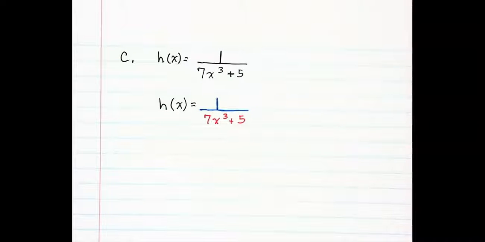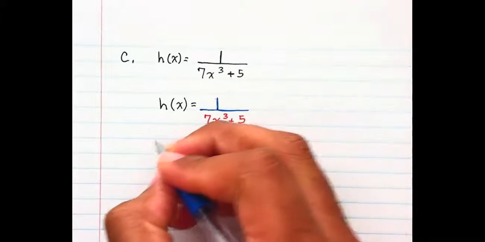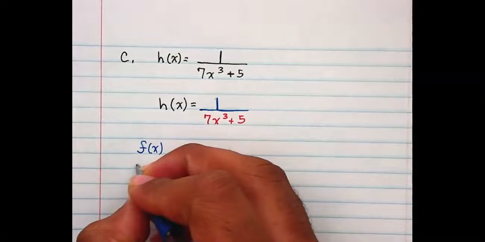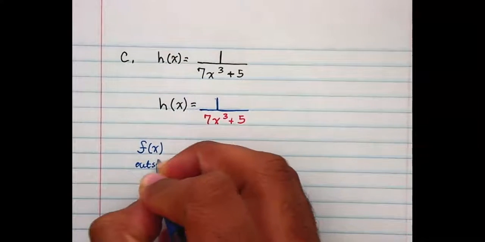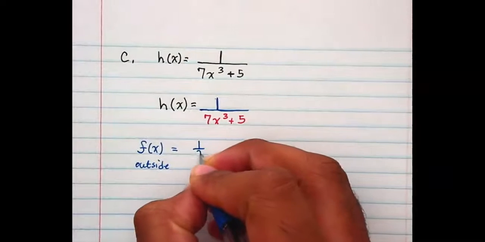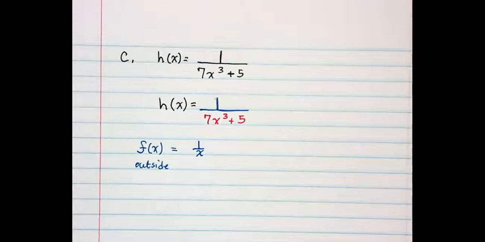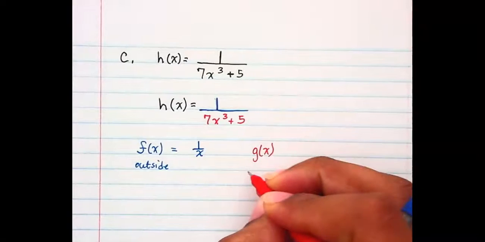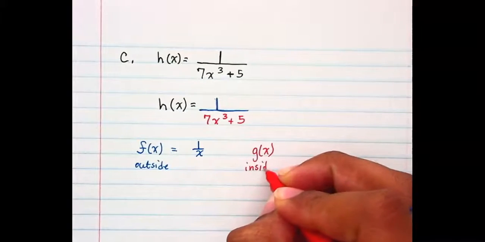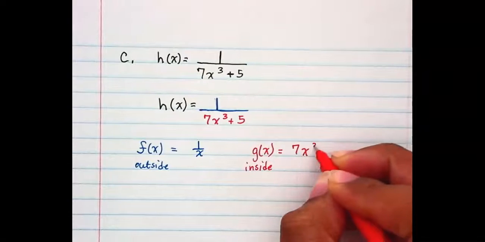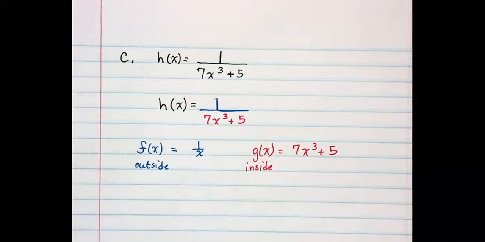So we have blue and we have red, outside and inside. So our outside function, which is f of x, is 1 over x. And then our inside function would be 7x cubed plus 5.